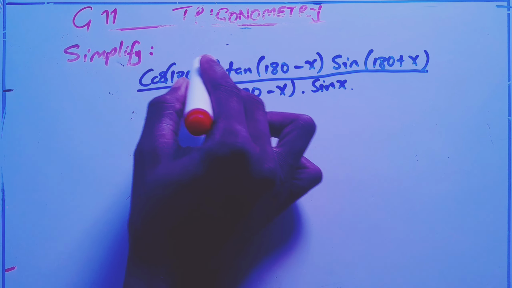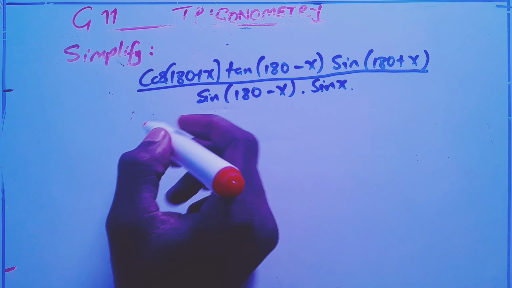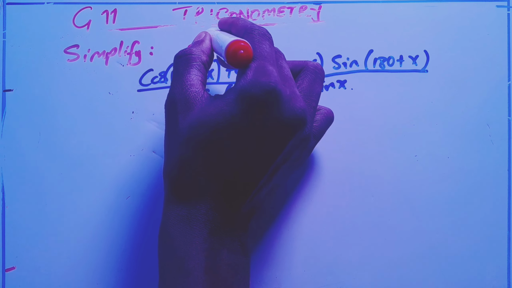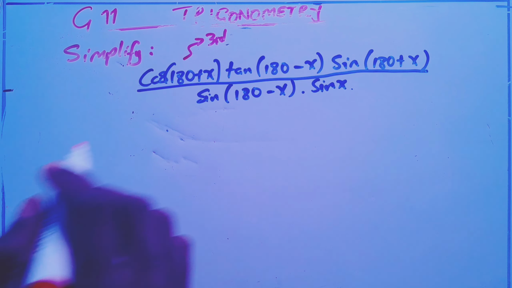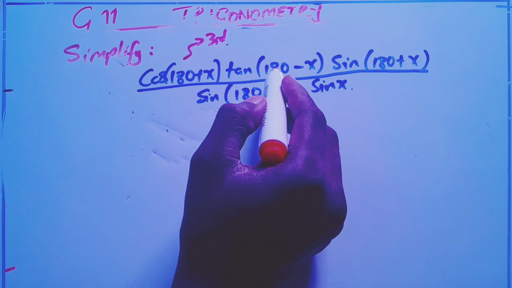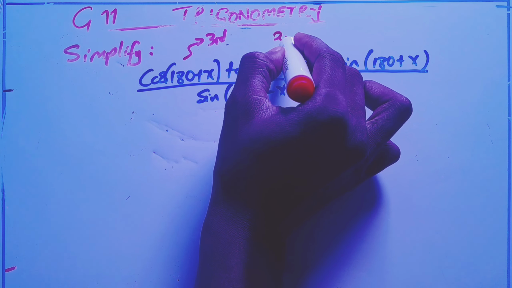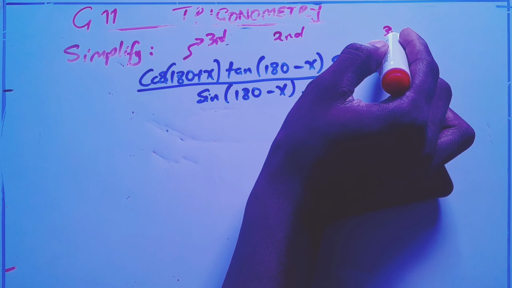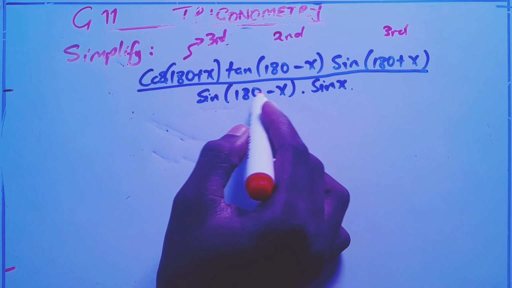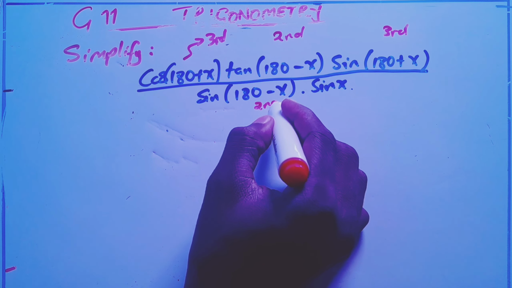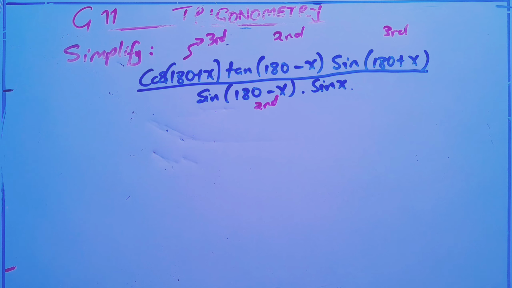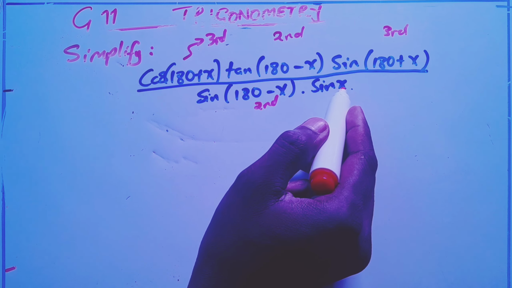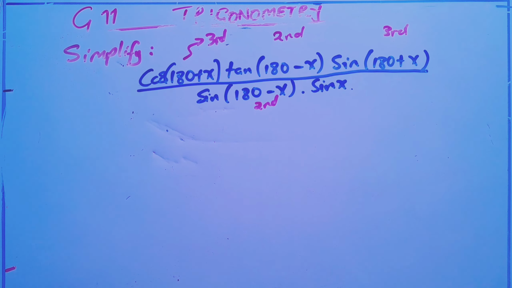We said this reduction formula falls in which quadrant? This falls in the third quadrant, right? What about this 180 minus? It falls in the second quadrant. 180 plus in the third quadrant, 180 minus in the second quadrant, right? And then this is just x, so it is falling in the first quadrant.